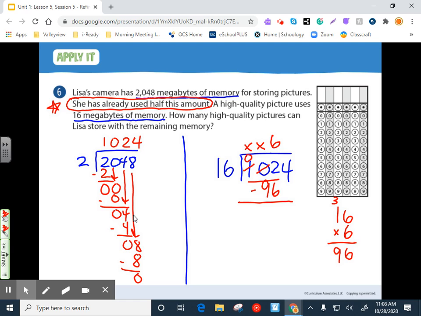And then once that gives that sum, that changes this to a 9, changes this to a 12. 12 minus 6 is 6. 9 minus 9 is 0. Bring down your 4. And 16 times 4 gives us 64. Look at that. So she can do 64 high quality pictures.